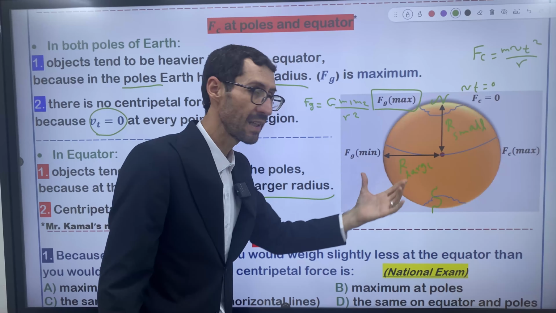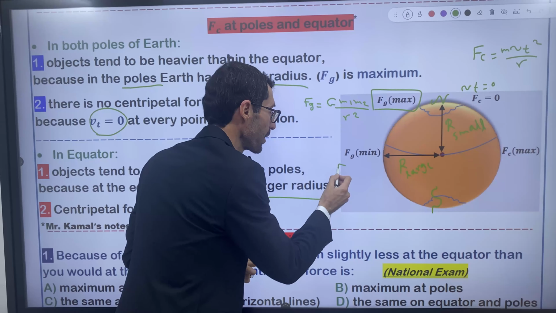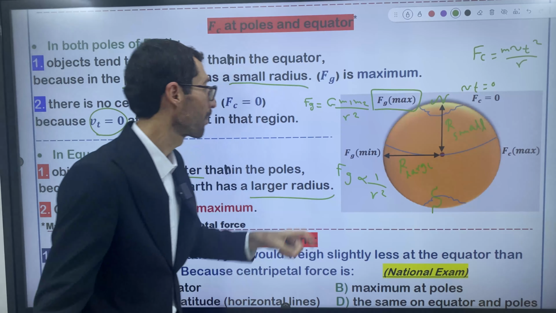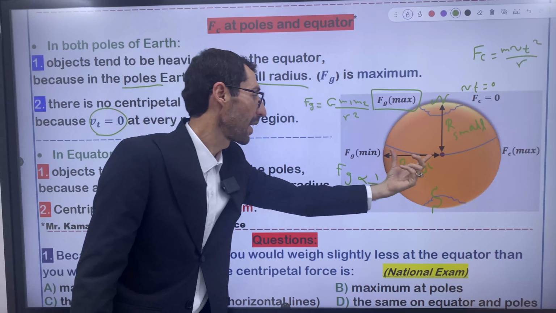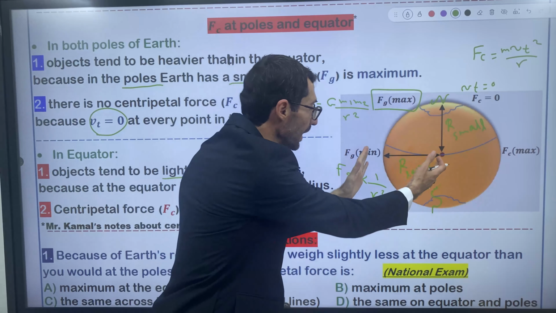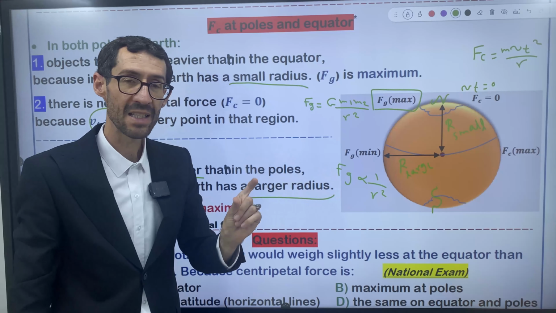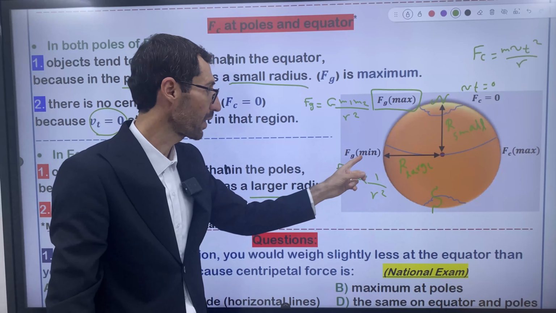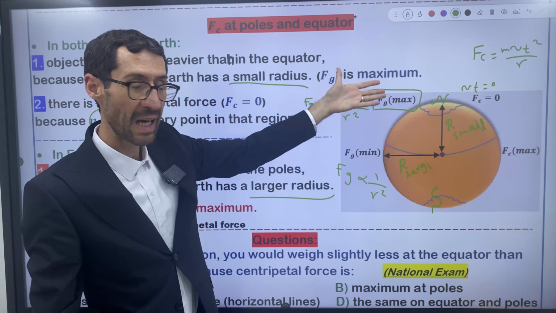Because the radius of Earth is very large, and Fg is inversely proportional to radius squared based on the universal law of gravitation. The larger the radius is, the less the weight is, the less the gravitational force is. That's why objects seem lighter here than at the poles.